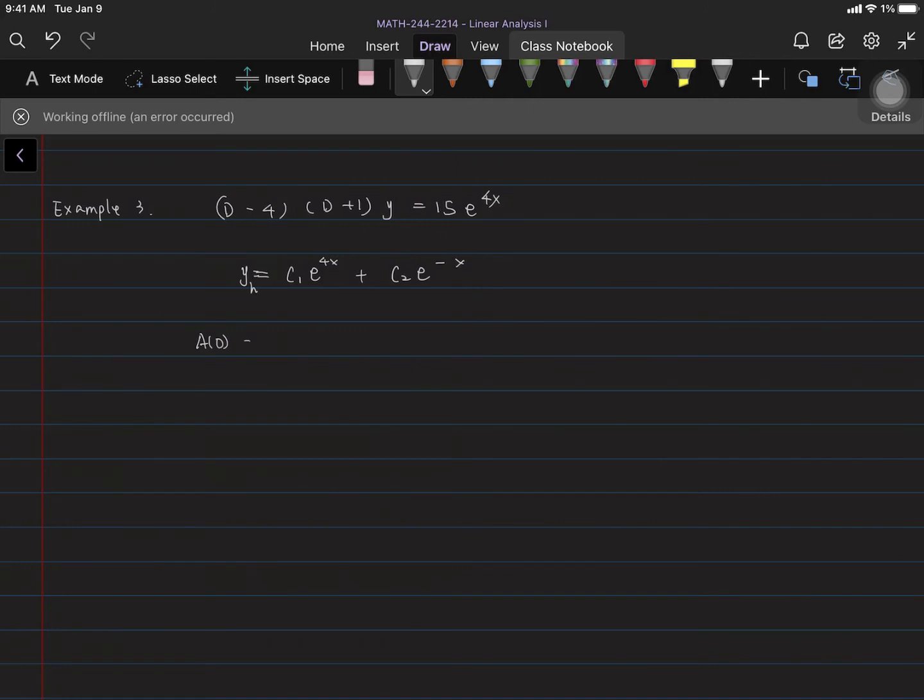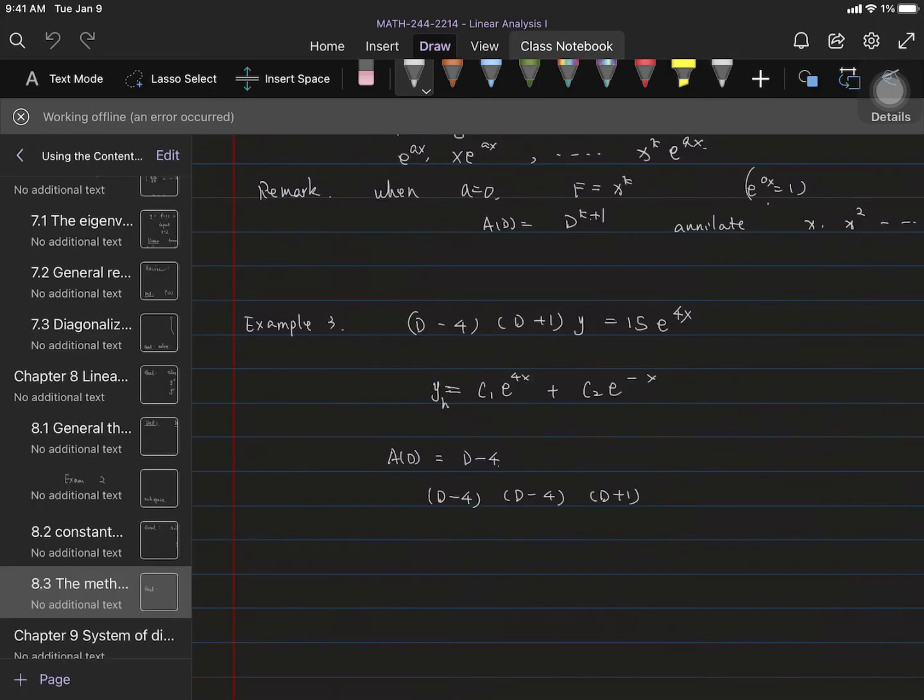The annihilator should be D minus 4. Is that correct? Because the right side is e to the 4x. So we multiply by D minus 4 on both sides. Then the right side becomes 0.